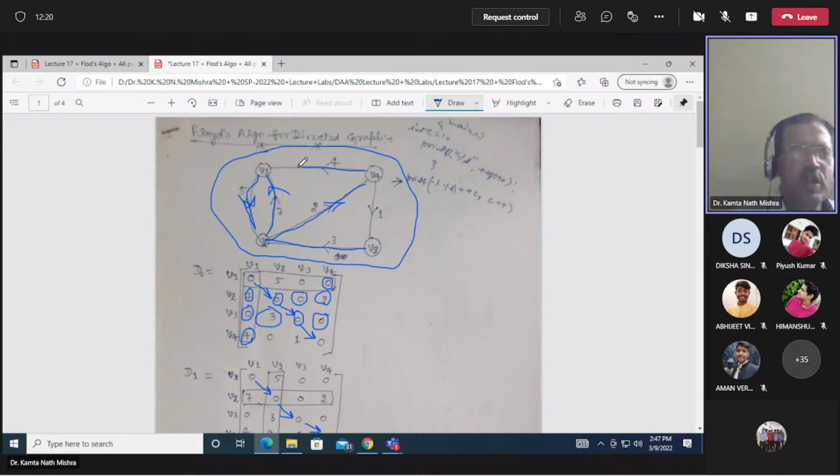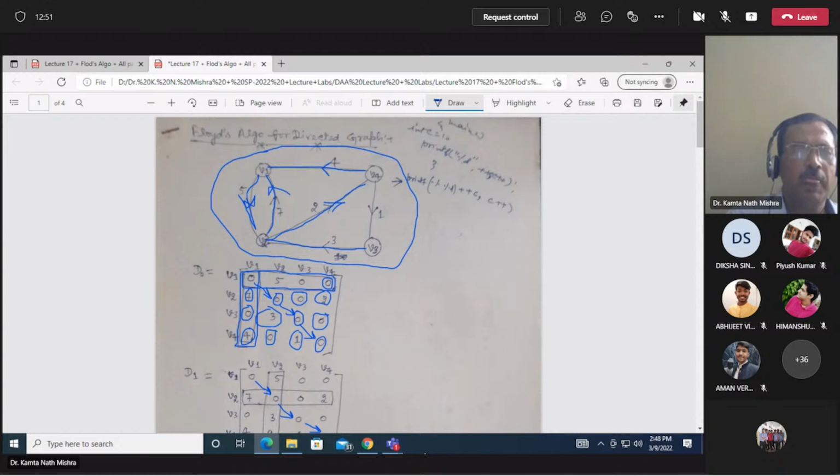Since you have selected the first row and first column in D0, in the next matrix D1, the first row and first column will have no change in values. Can someone read the first row and first column values in D0? Amaya, Subhas, in D0 you read the first row and first column.